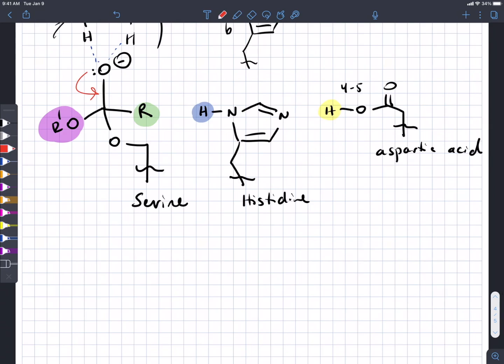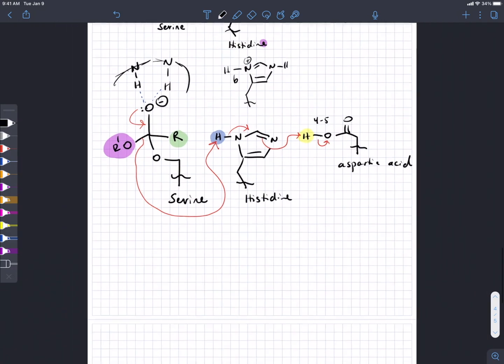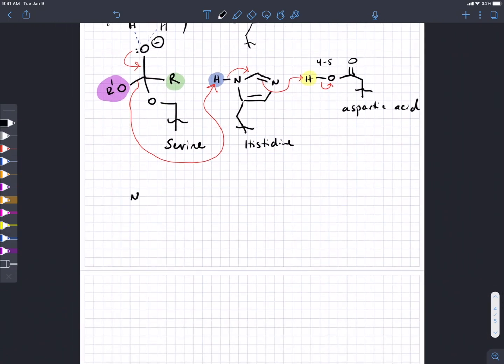As that glycerol group is leaving, as a negatively charged alkoxide, it picks up this proton from histidine, and then we do the proton shuttle again so that histidine can pick up the yellow proton from aspartic acid.